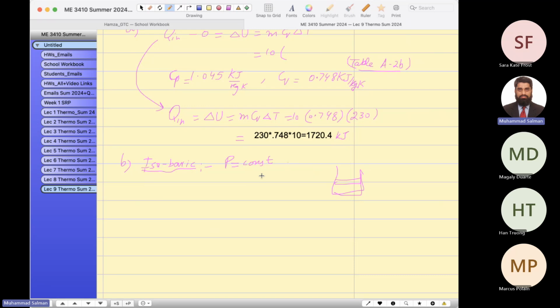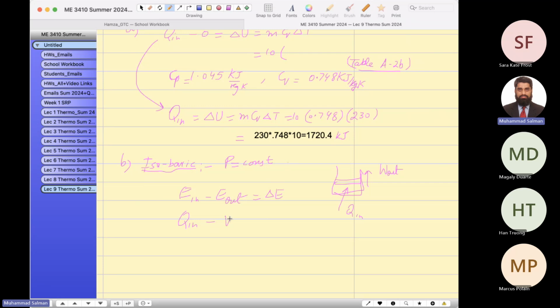This is a little bit strange diagram, but it's okay. Okay, now let me tell you. Energy in minus energy out equals the change in energy of the system. Now here Q in, heat is being supplied and work is done by the fluid inside.